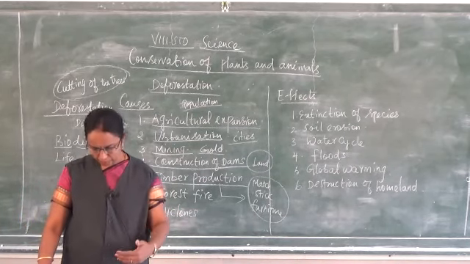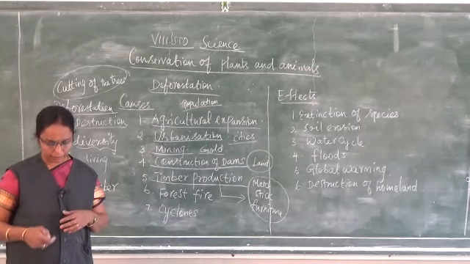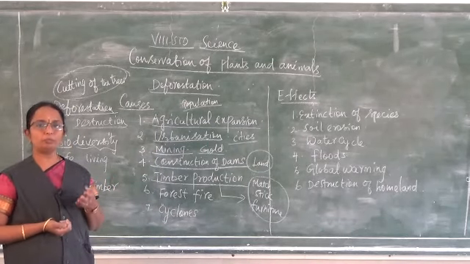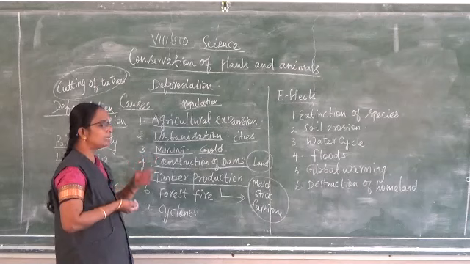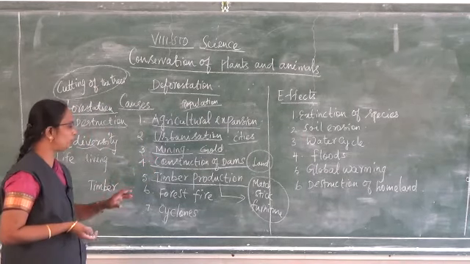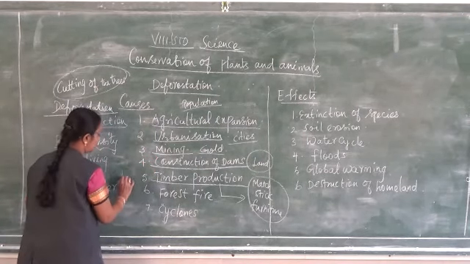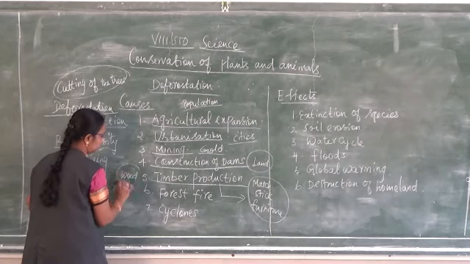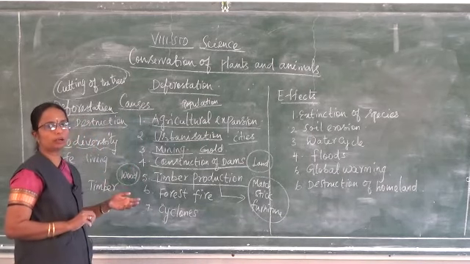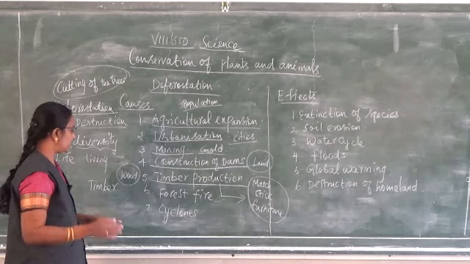So these are all the destruction of some valuable trees. Some valuable trees are cut down because of illegal activity. For timber production, timber means wood industries, they need more wood. For that, they are cutting down the forest.